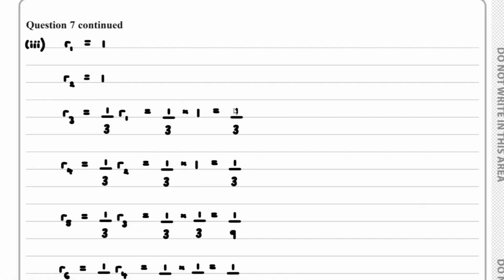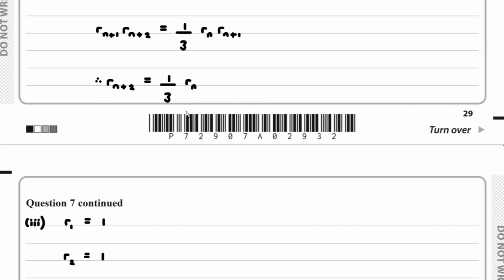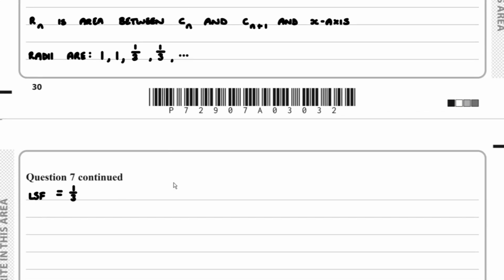Now, for the radius, we know we've got this common ratio of 1/3. You can think of this to be a length scale factor, and because we're concerned with areas, let's find the area scale factor by squaring this. The area scale factor will be 1/9, that's 1/3 squared.